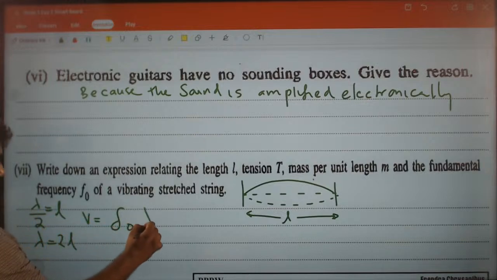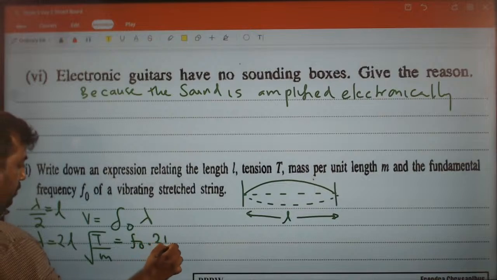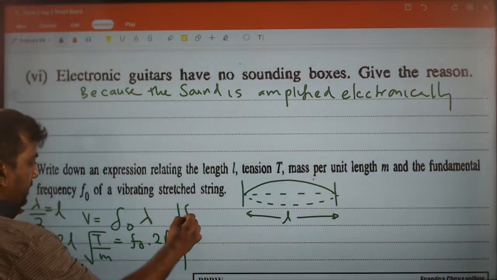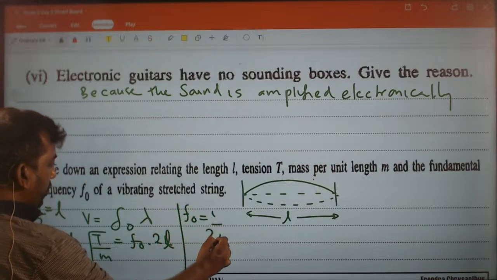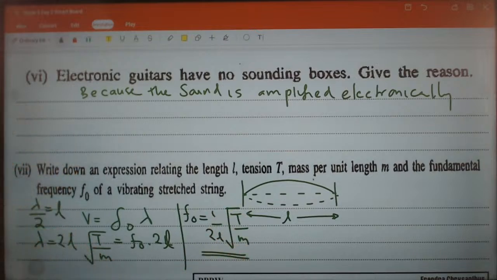V is equal to F0 lambda, and V equals square root of T over mu. From this, F0 is equal to 1 over 2L times the square root of T over mu. There you go.